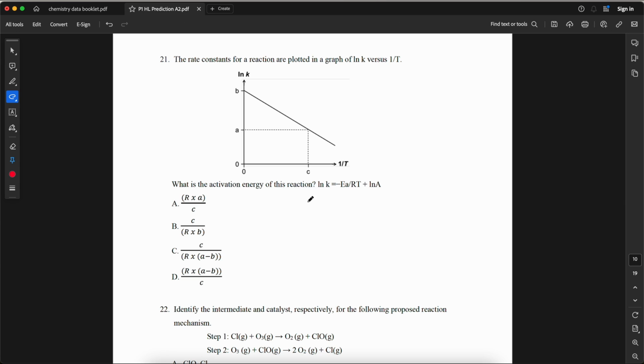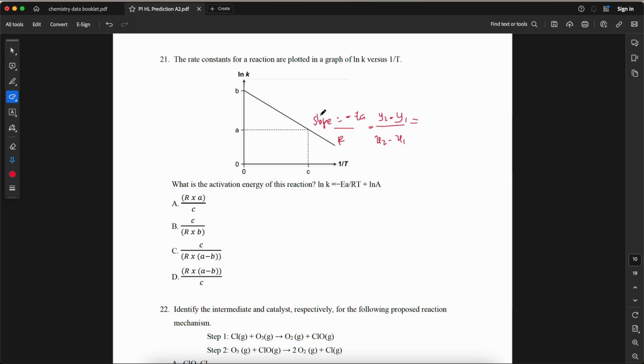The rate constants for a reaction are plotted in a graph of ln k versus 1/T. So this will be the slope, which is negative Ea divided by R. And y2 minus y1 over x2 minus x1, yeah?